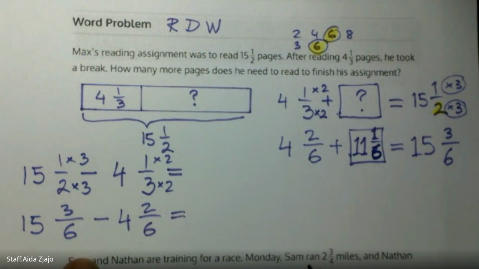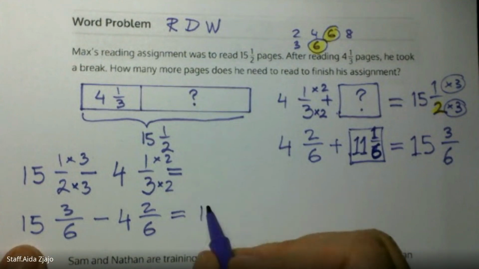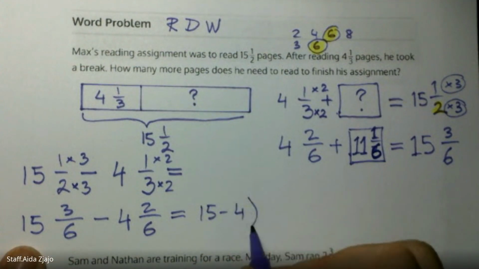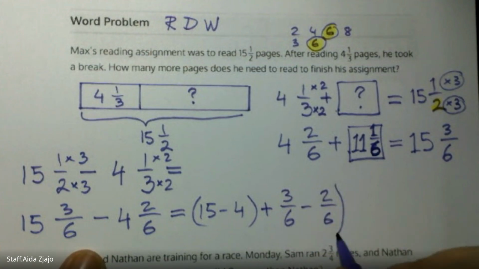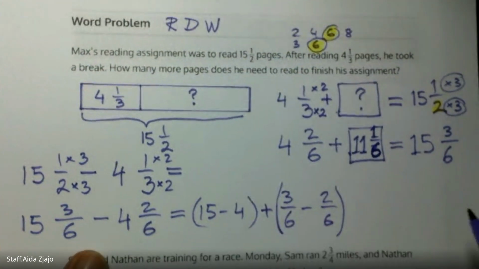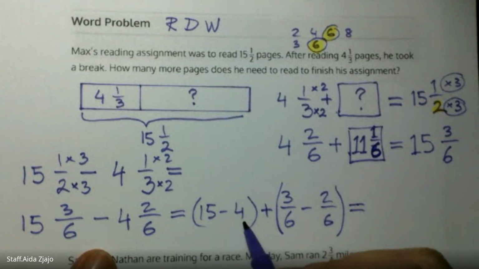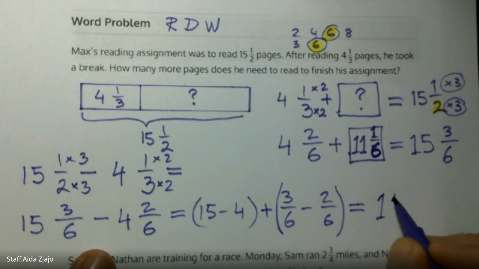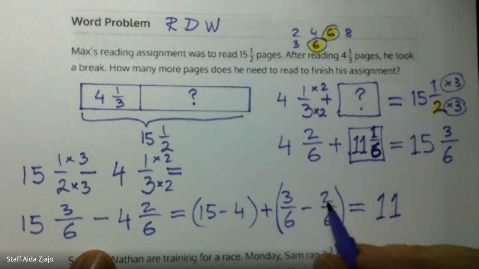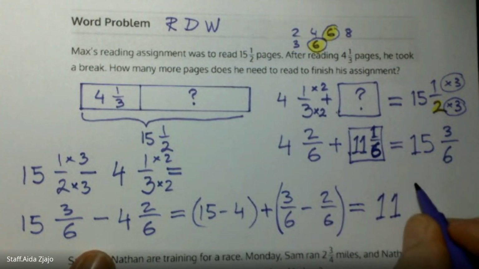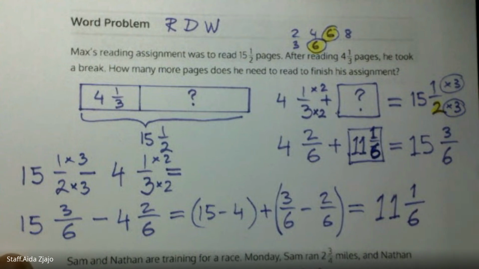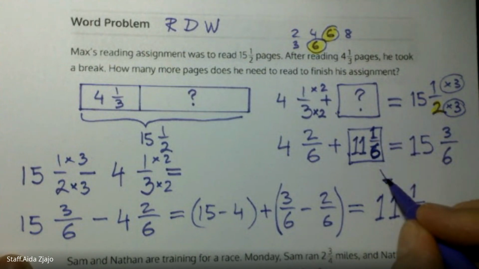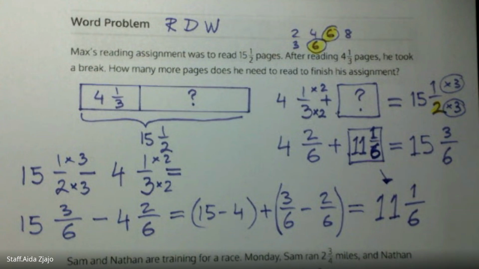This also is going to help me: 15 minus 4 plus 3/6 minus 2/6. When we solve this, 15 minus 4 is 11 wholes, and 3/6 minus 2/6 is 1/6. So we prove our answer that our unknown number is 11 wholes and 1/6.